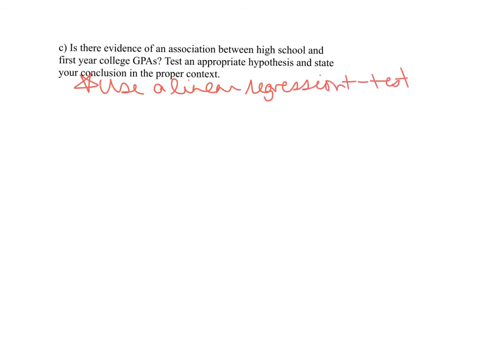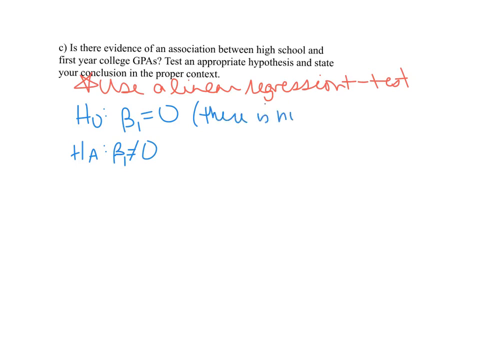So my null hypothesis is going to be beta 1 equals 0. My alternative hypothesis is going to be beta 1 is not equal to 0. You can, as I said previously, either write the parameter or you can just write it in words. So I'm going to say there is no association between high school GPA and first year GPA.